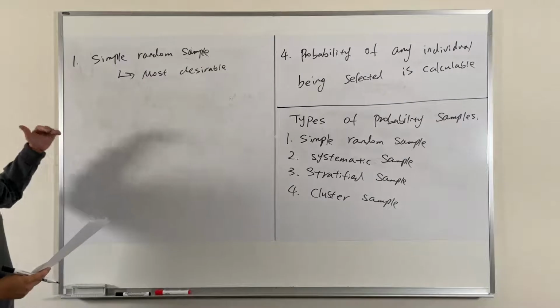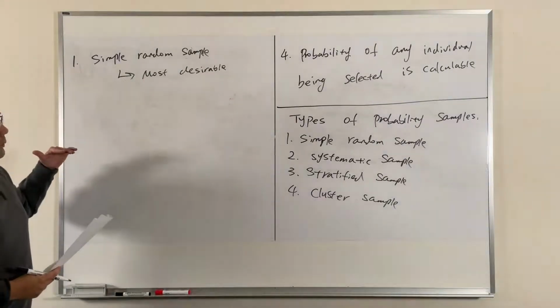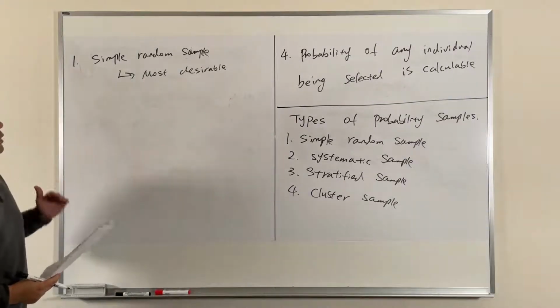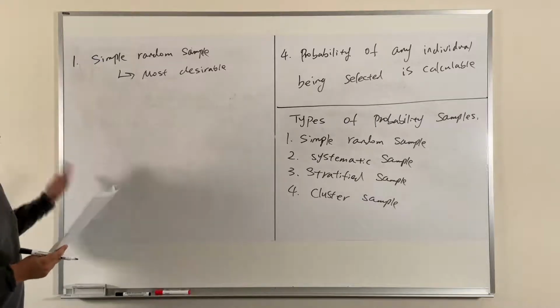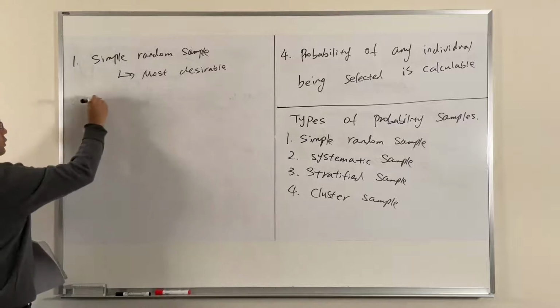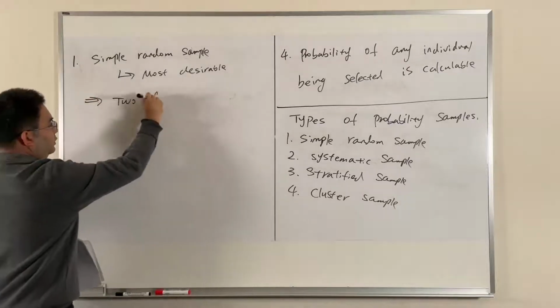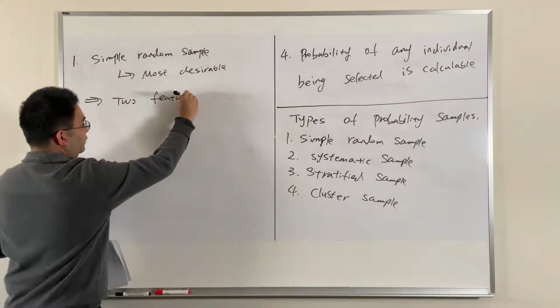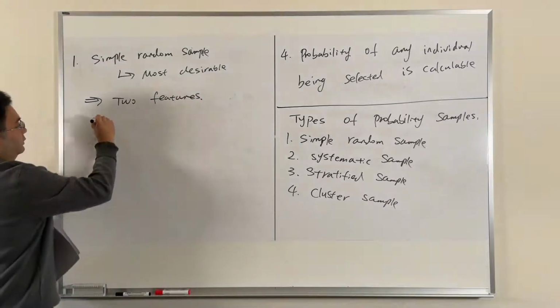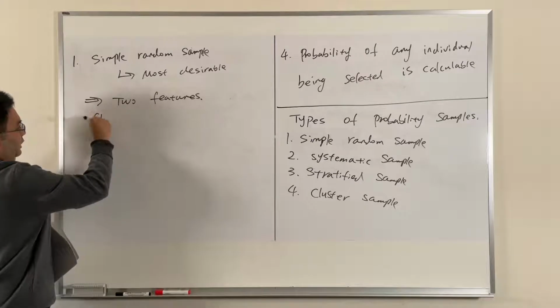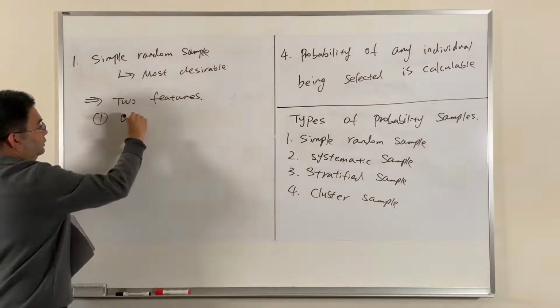And in order for you to have a simple random sample, you have to satisfy the following 2 features. The first one is unbiased.